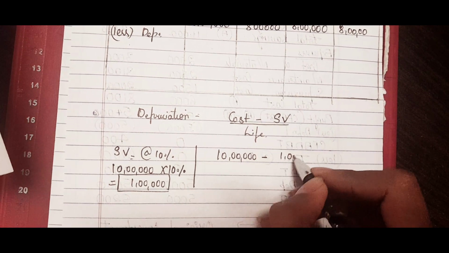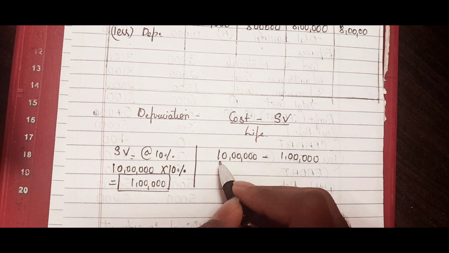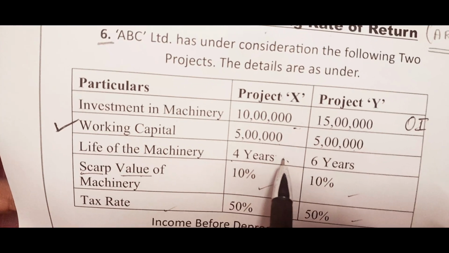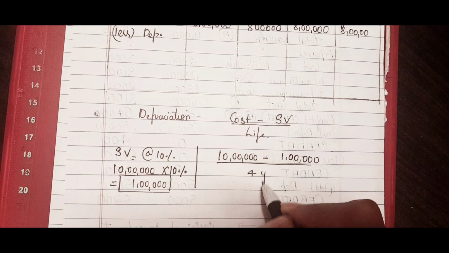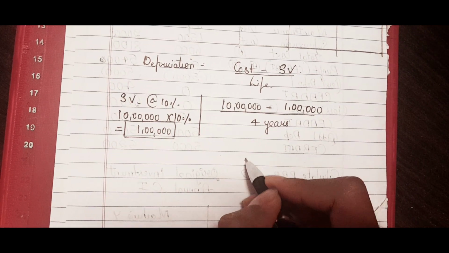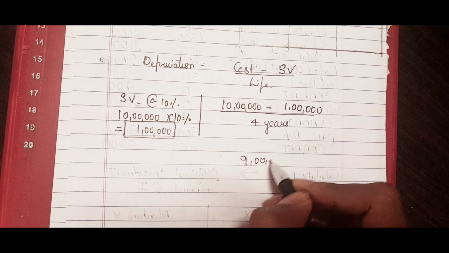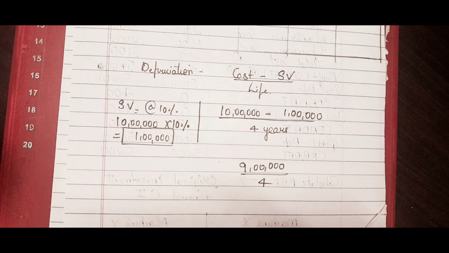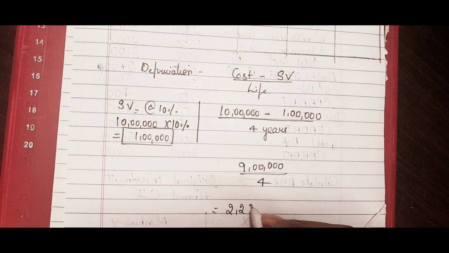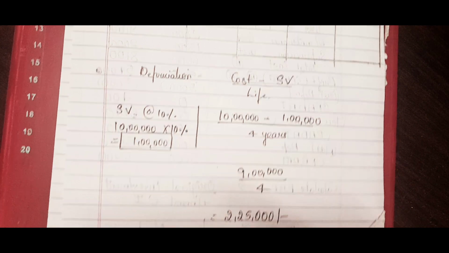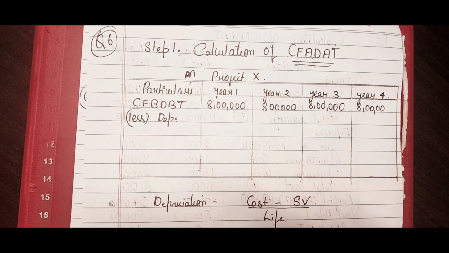So 10 lakh minus 1 lakh divided by life of the machine, project X is 4 years. 10 lakh minus 1 lakh will be 9 lakh divided by 4. So 9 lakh divided by 4 years will be 2,25,000. This is the depreciation amount. Now let us deduct that.